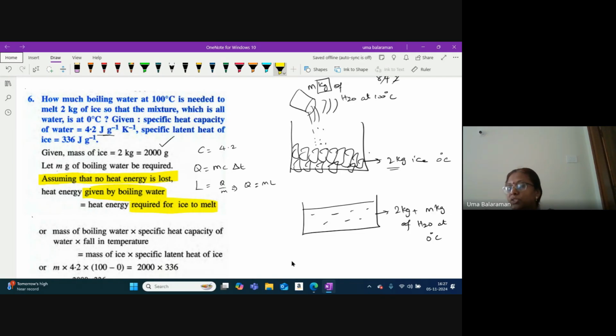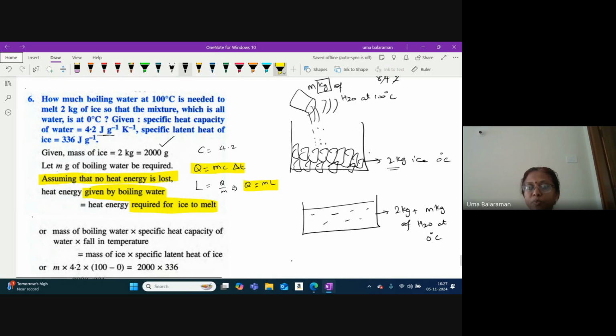So heat energy lost by boiling water is the heat energy gained by the ice cube. So this is according to conservation of energy. This is the heat energy lost by boiling water. Heat energy gained by the ice cube is this one.